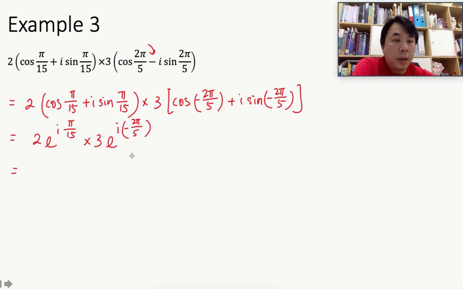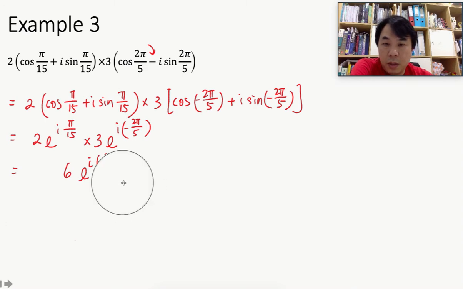Okay, and there you have it. And then the rest of the operation is very straightforward. So we have a 6, and then here we have negative pi over 5. Because it's addition, sorry, pi over 5. What have I done here? I've made a mistake here. Just let me clean this up.